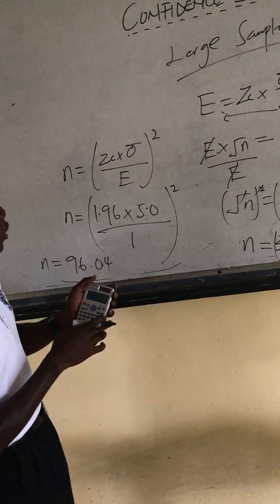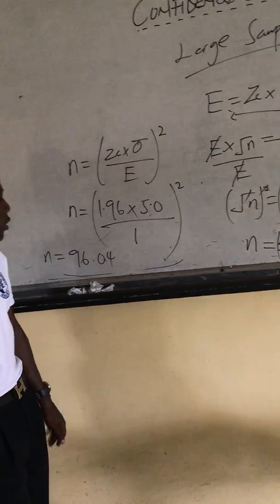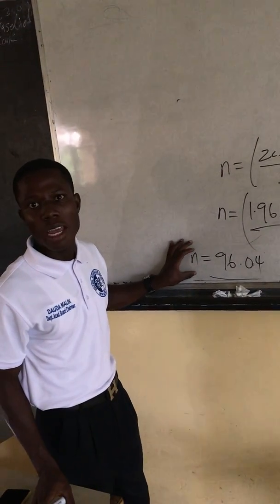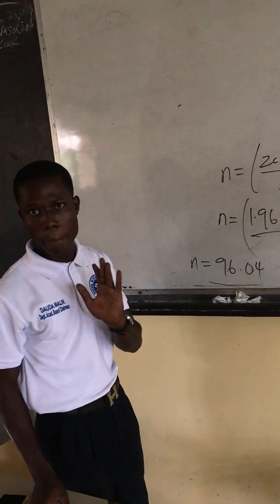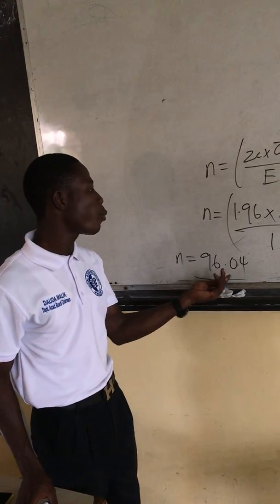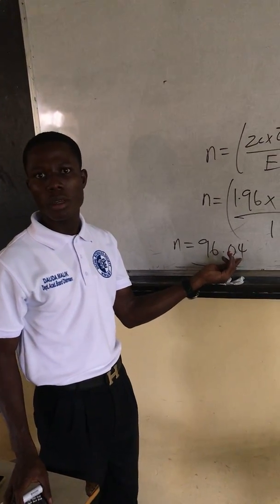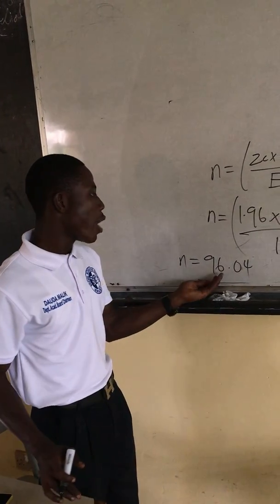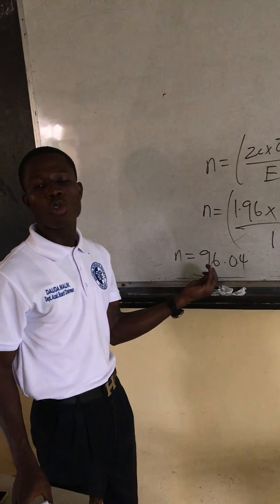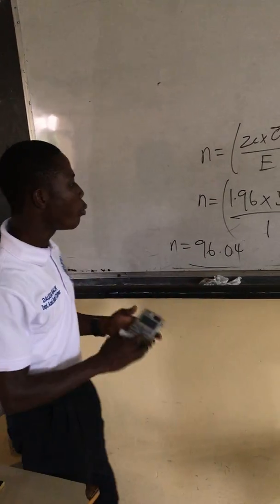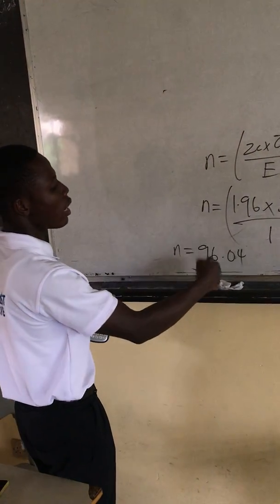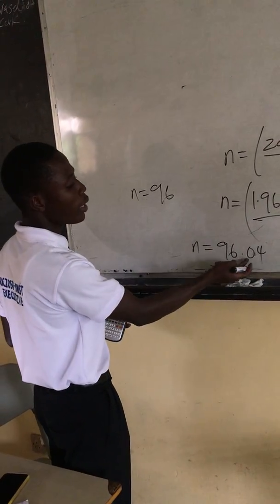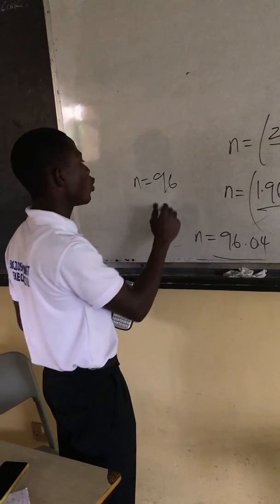Normally n is a sample size, and the sample size will always be a whole number, because we can't have 96.04 human beings. It has to be a whole number. So we round this number to the nearest whole number, and our n becomes 96.